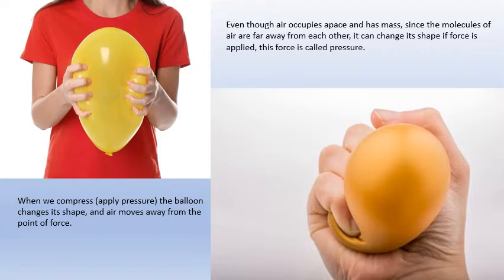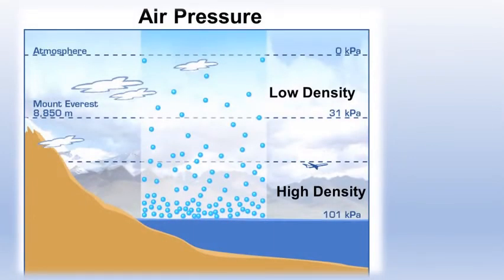On the lower layers there are more air molecules, and on the upper layers there are fewer air molecules. So the lowest layer will have so much weight being pushed downward from the upper layers. You can see that in this picture.